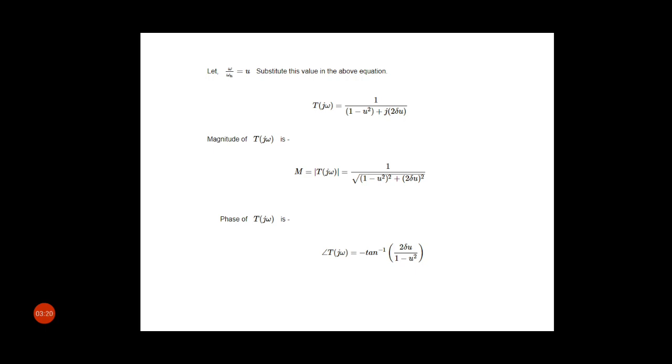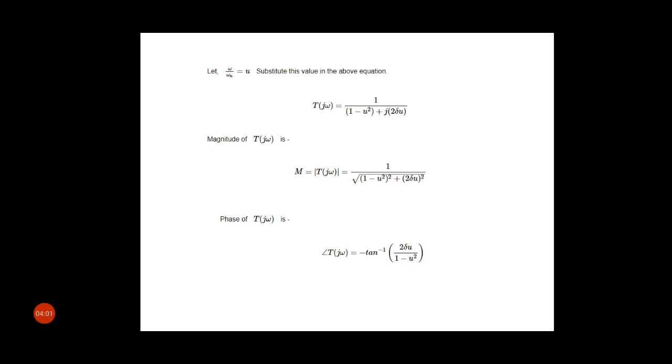From this equation we can write the magnitude of the transfer function, defined by M, as M equals mod of T(j omega), which equals 1 divided by root under (1 minus u square) whole square plus (2 zeta u) whole square. And the phase of T(j omega) is the angle of T(j omega), which equals minus tan inverse of 2 zeta u divided by 1 minus u square.